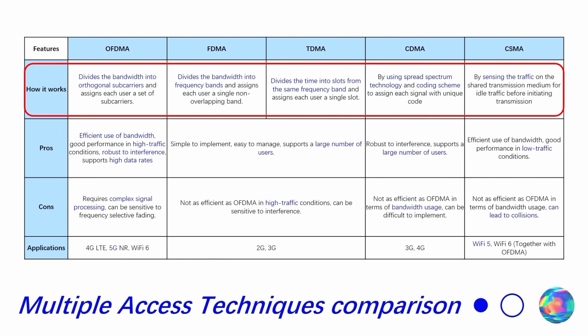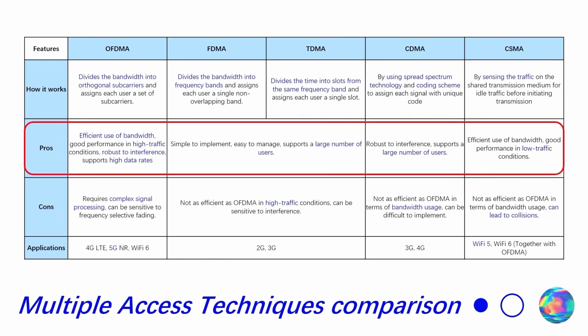TDMA divides the time into slots from the same frequency band and assigns each user a single slot. CDMA uses a spread spectrum encoding scheme to assign each user or signal a unique code. CSMA works by sensing the traffic on the shared transmission medium for idle traffic before it starts initiating the transmission.